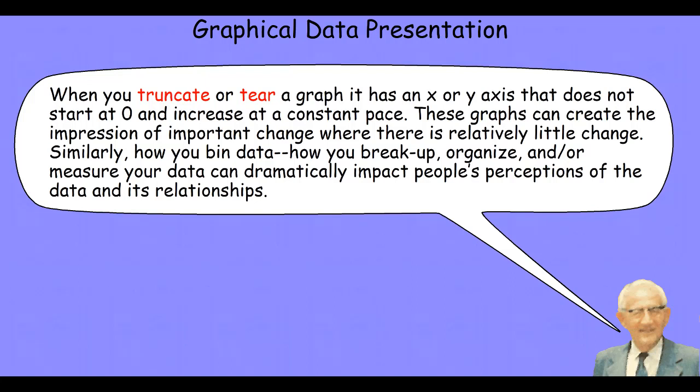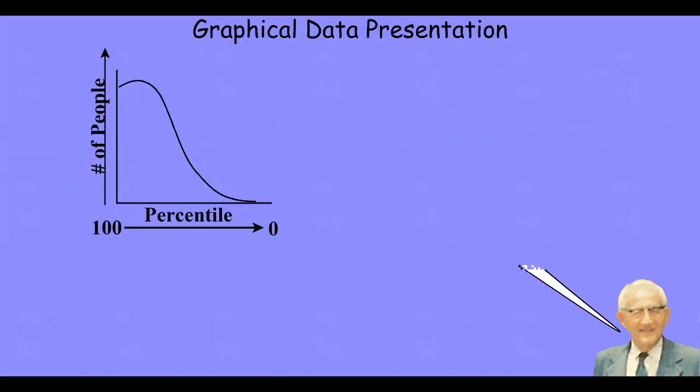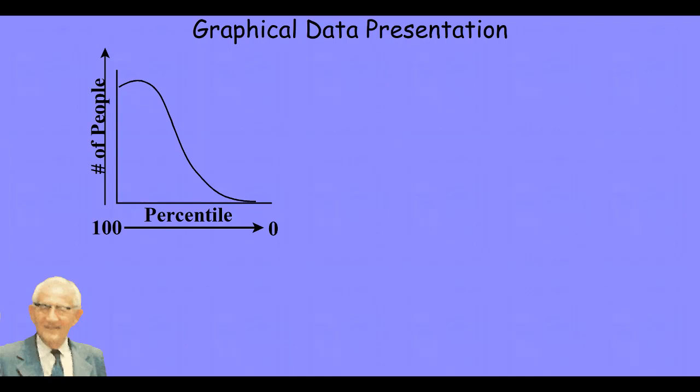In a similar fashion, how you bin your data, how you break up that data, organize it, and/or measure it, your units, can dramatically impact people's perception of the data and relationships that they might or might not see in it. So let's look at some examples that might illustrate this.